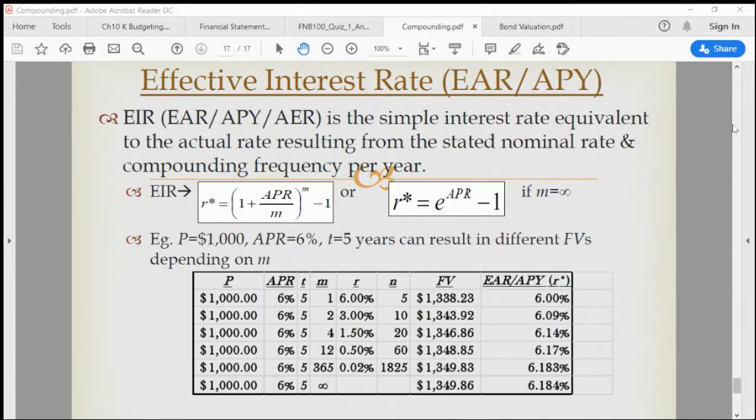They quote you when you go to the bank, let's say you want to deposit your $10,000, and you ask them, what is the interest rate? Oh, it's 6%. If they say that, that is APR. That is the quoted nominal interest rate.